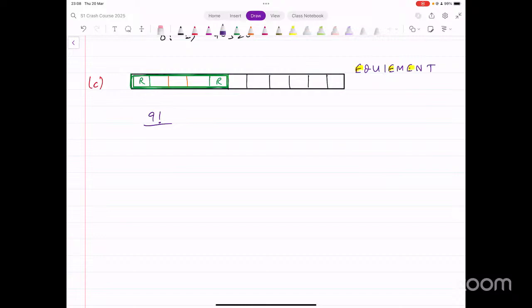So we divide by 3 factorial because of that. That takes into account the number of possible arrangements of these 9 letters.